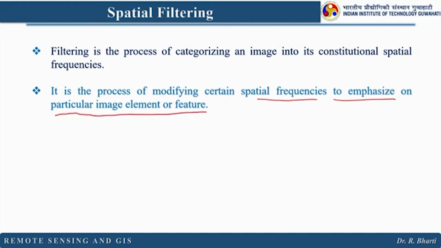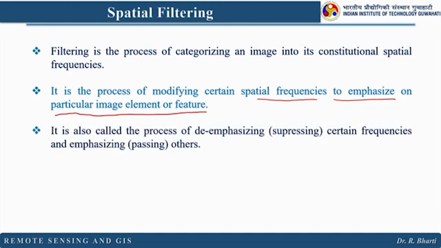Basically, we are identifying a particular type of spatial frequencies which we want to highlight, suppress or enhance by using some filtering mechanism. It is also called the process of de-emphasizing certain frequencies and emphasizing others.